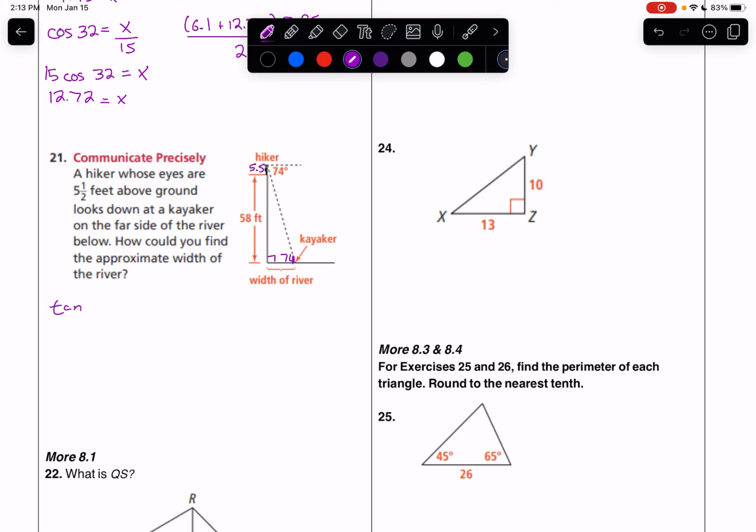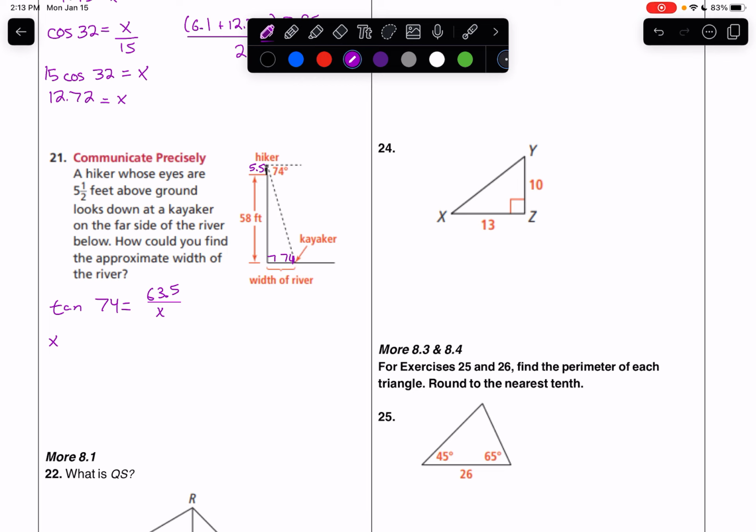So the tangent of 74 is equal to the opposite side. The opposite side is 58 plus 5.5, so that's 63.5, over adjacent, which is x. If I multiply both sides by x, I get x tangent 74 equals 63.5.